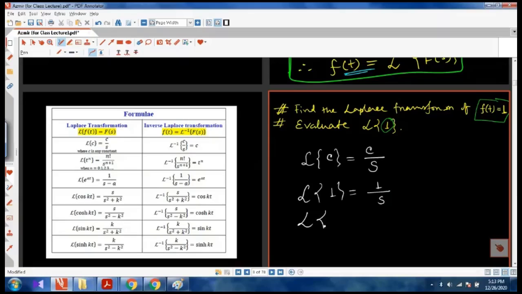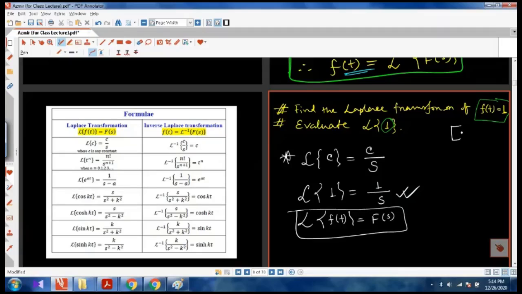That means Laplace transform of f of t equal to capital F of s. So see, by using the direct formula, we have solved what the result is. That means we will get full marks if we apply the formula. The mark may be 10, the mark may be 15. Don't be confused with the question pattern.